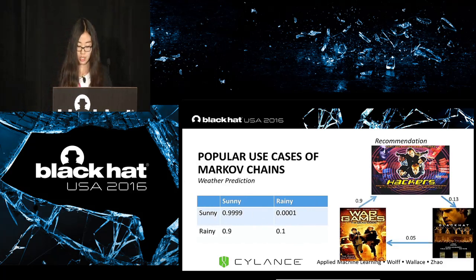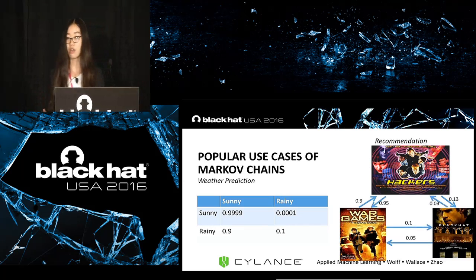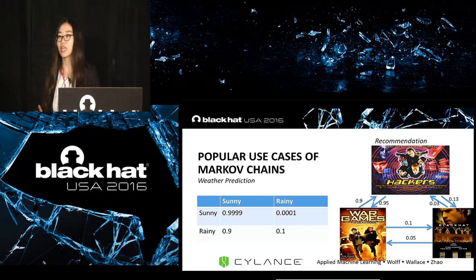Markov chains can be used on a lot of occasions. For example, they can do prediction. The example we provided here is weather prediction. Knowing the weather today, we can predict the weather tomorrow. And all this prediction is based on the transition pattern we learned from all the weather reports we have collected through all the previous years.